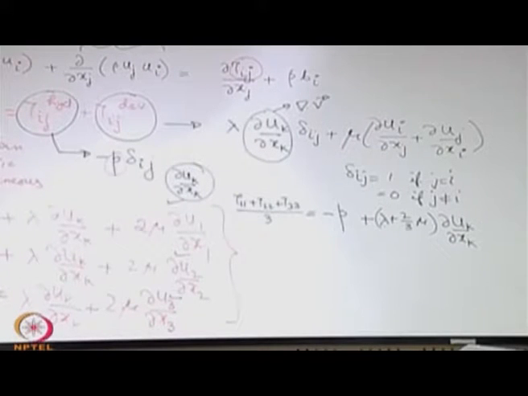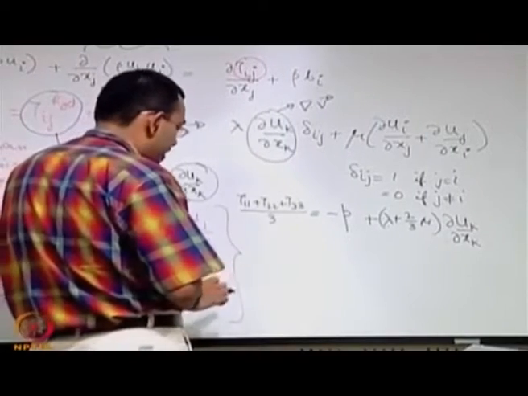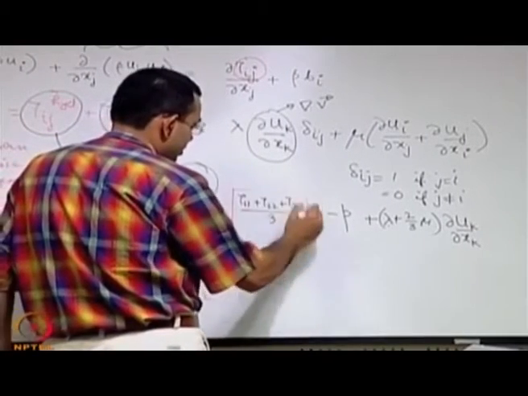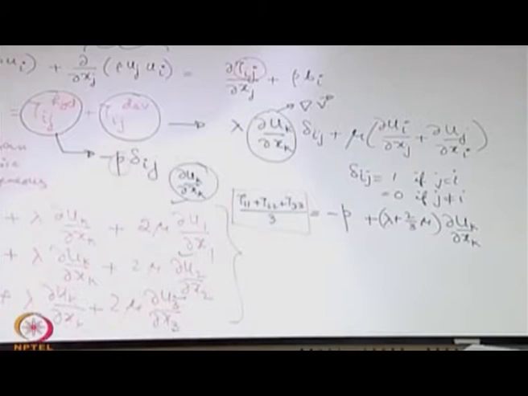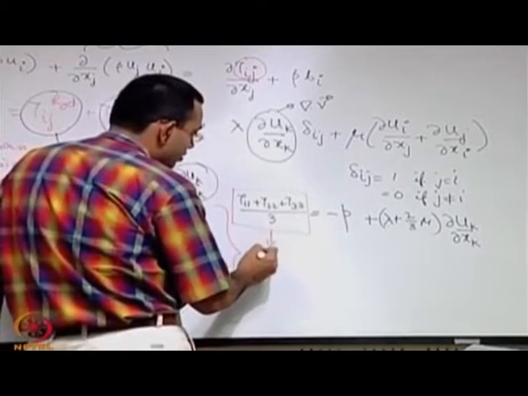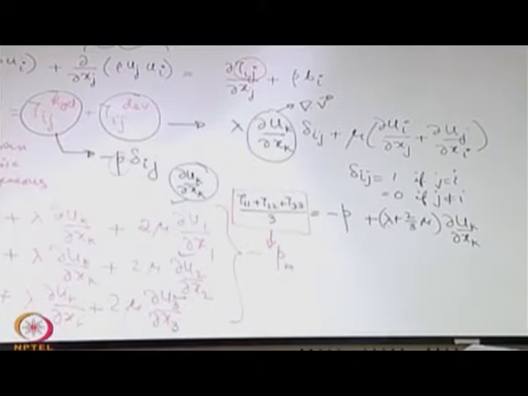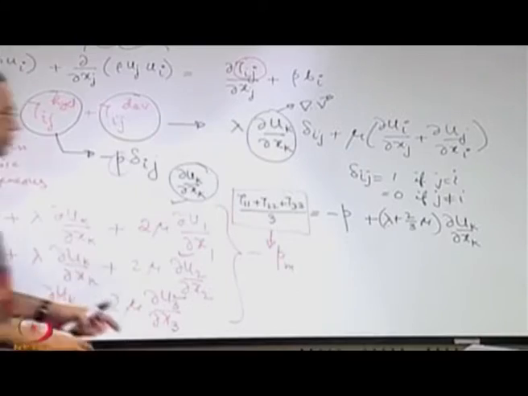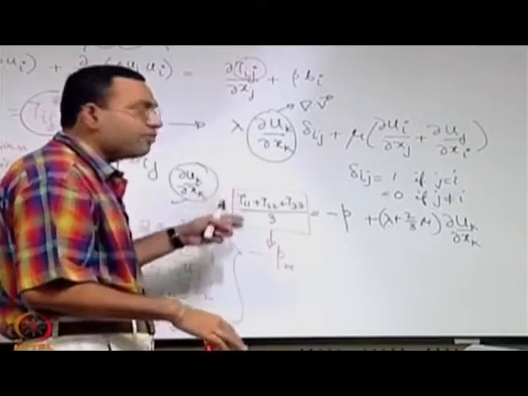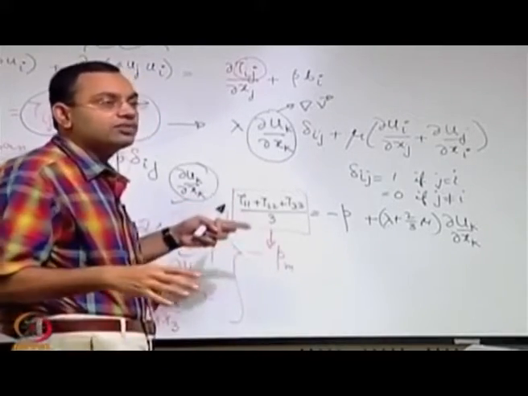This is very simple and straightforward. Now, the term which is there in the left hand side, this we call as minus of mechanical pressure. So what is mechanical pressure? Mechanical pressure is a sort of arithmetic average of the normal components of stress.